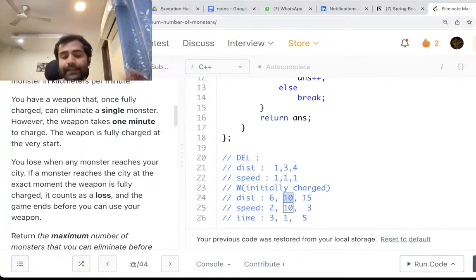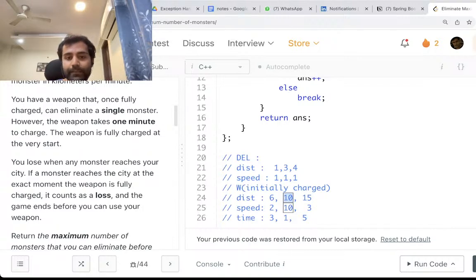But on the other hand, if the first monster you had killed was this, the moment the game starts, let's say you kill this monster, that means you have gotten rid of this monster, right? And now what you can do is wait. You can just go ahead and wait for 1 minute.